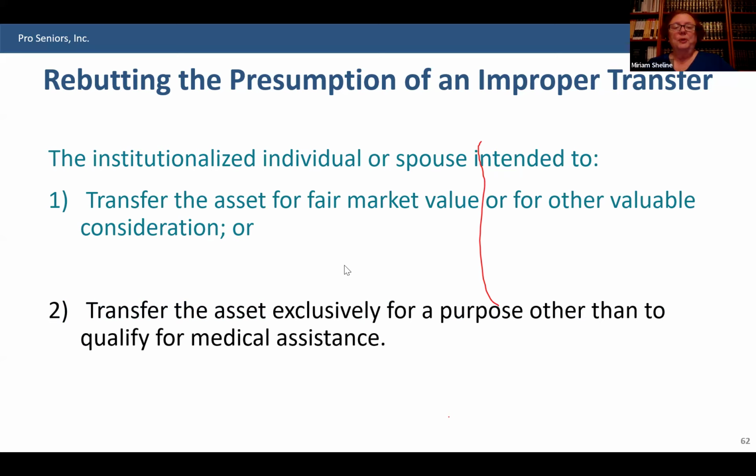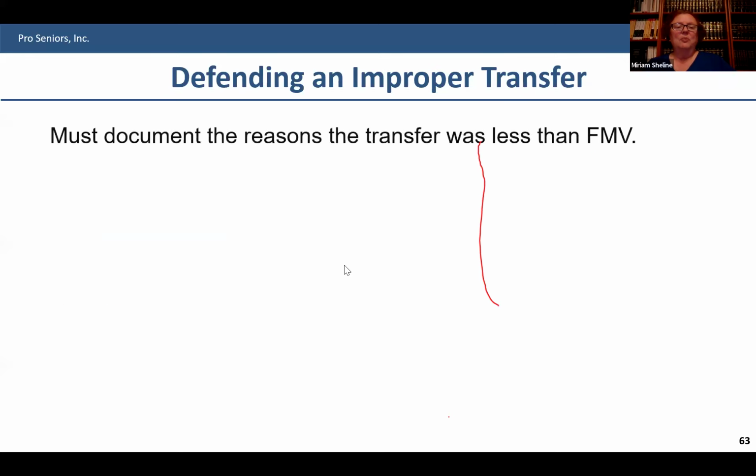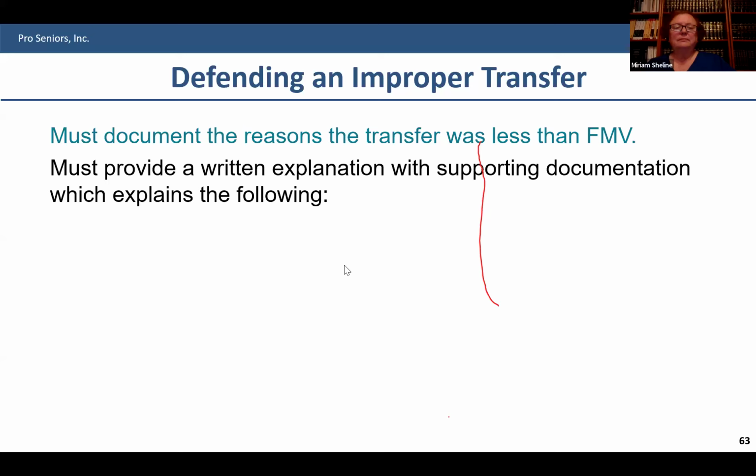How do we prove that? Well, with regard to number one, this could certainly be that JFS is looking at the fair market value as 90% of what the auditor says, and the property has been abandoned or in bad shape, etc. That's going to be documented.